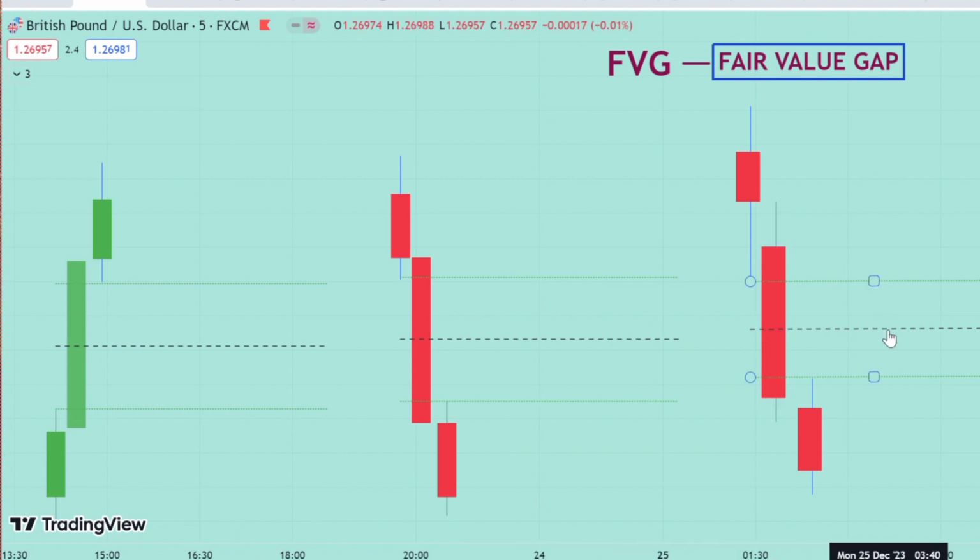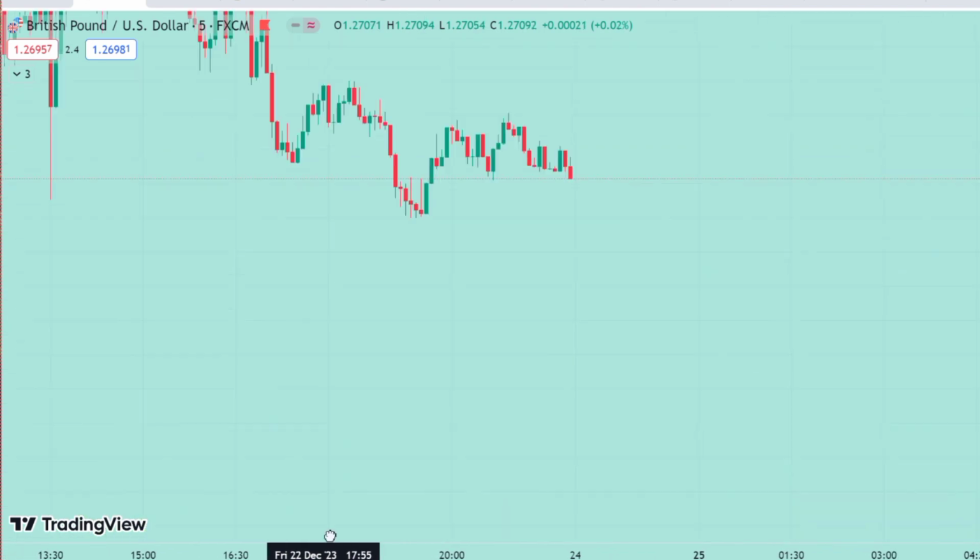It is simply called the consequent encroachment. This is where price is likely to take a reversal or to take a trend from. So take note of that. We'll be going over now to the chart to take more examples.